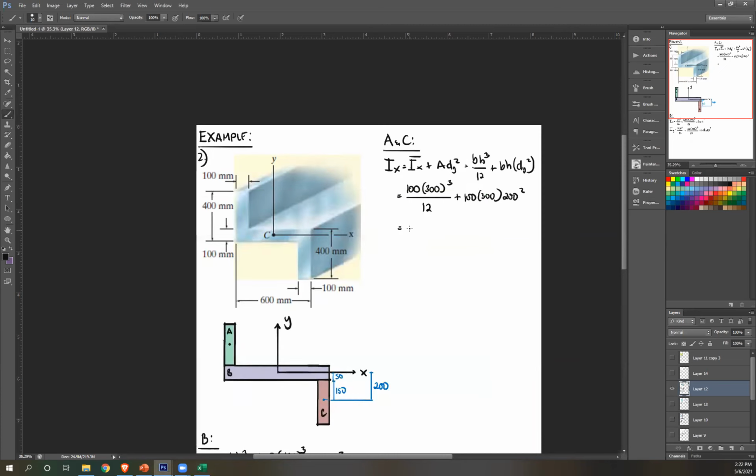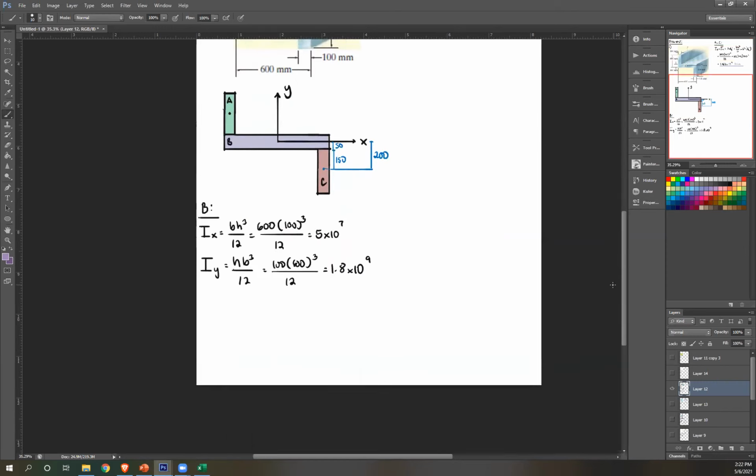It's 1.425 times 10 raised to 9. Okay, once again, store that. Same thing here. Store.